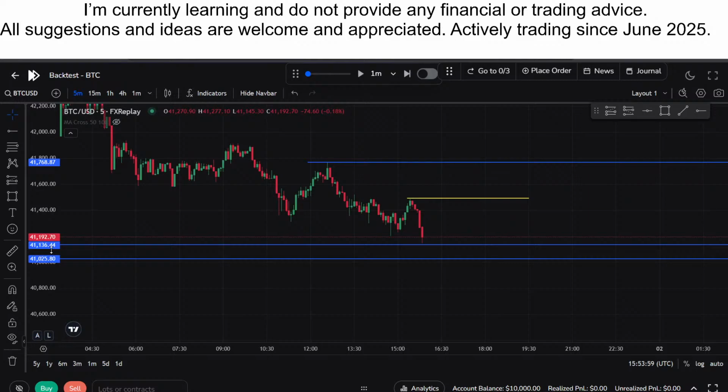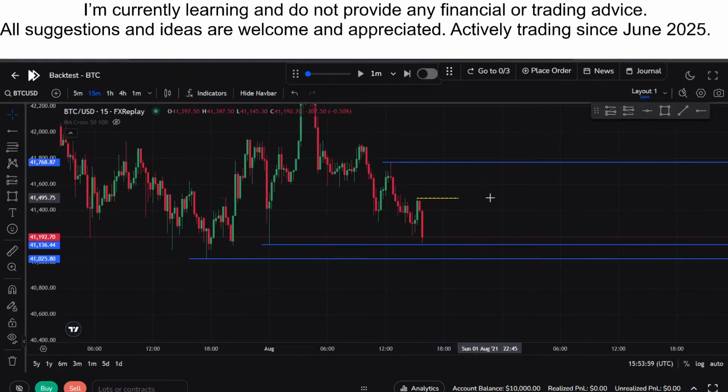But now, as I'm learning, I found that the 5 minute chart has too many fake breakouts, the break of structure is also not valid, and the trending market trend is also not valid on the 5 minute chart. There was too much noise on the 5 minute chart, so that's why I started to trade on the 15 minute chart. So what do you think is the best thing?